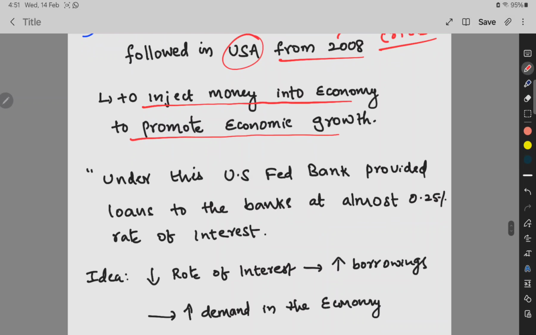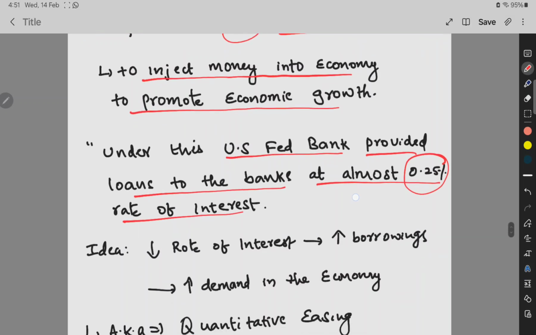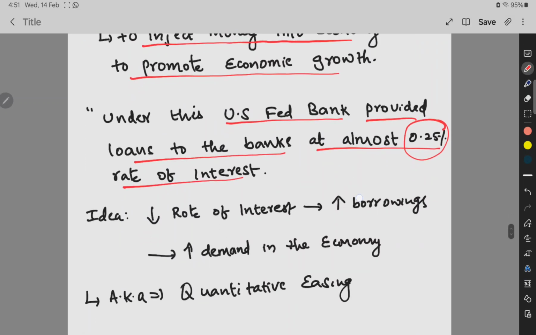Under this, in the USA, the US Fed Bank, which is like the RBI for us, provided loans to the banks at almost 0.25% rate of interest. It is not zero, it is 0.25%. It is almost negligible.